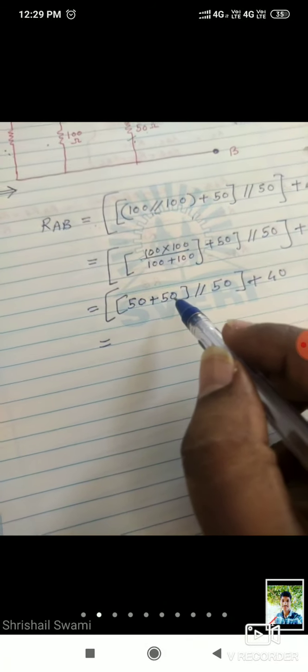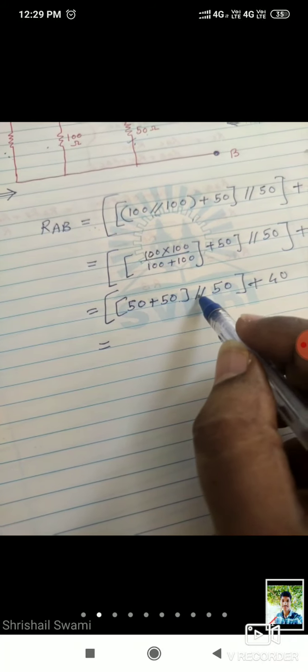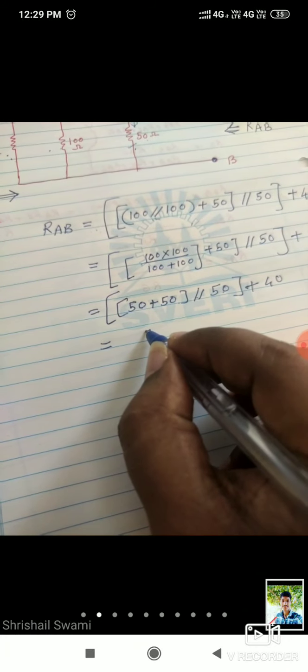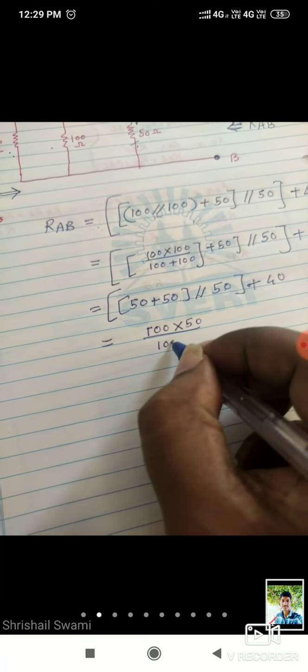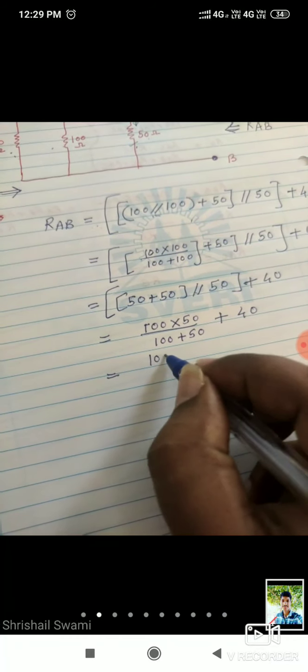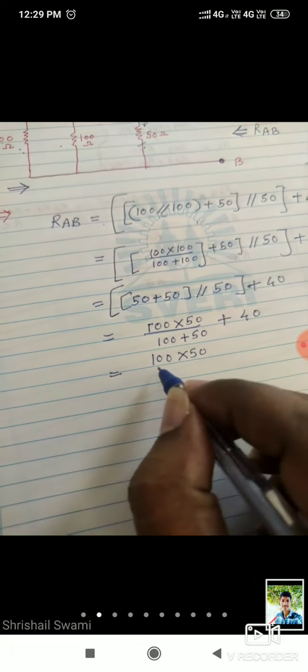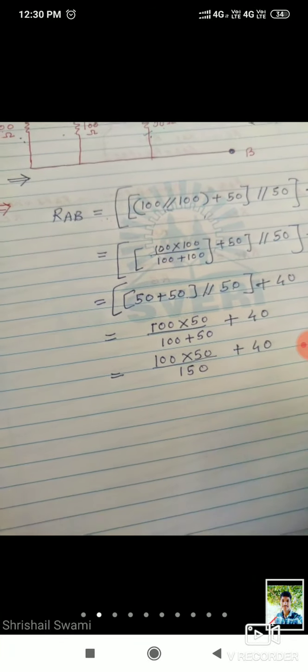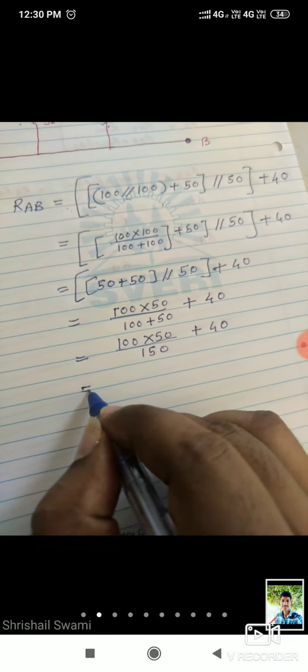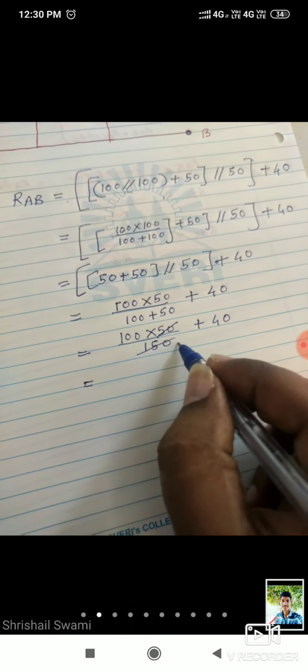So 50 plus 50, that is 100. 100 is parallel with 50. 100 into 50 divided by 100 plus 50, plus 40 as it is. So 100 into 50 divided by 150 plus 40. So 50 and this will give the 3.